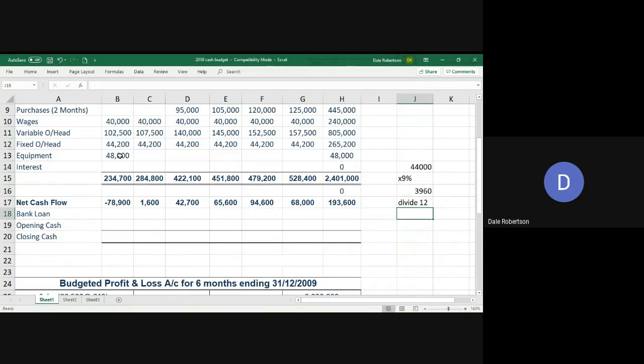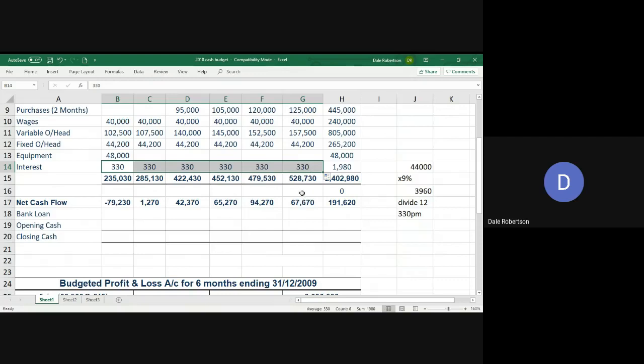So we divide that by 12, and that's 330 per month. So therefore, we can put in 330 euro in each of these months. The equipment was purchased in July, and the loan was borrowed in July, so we can start that interest here, and that's going to be across the whole board.